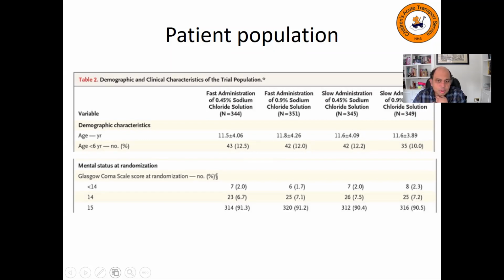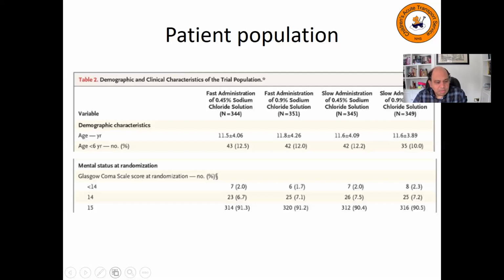That's for 2 reasons. One is, as I mentioned earlier, that clinicians had no equipoise for randomizing patients between these kinds of groups. But also, one of the inclusion criteria for this trial was that they should be able to perform some neurological clinical tests to show that they had mental competence.